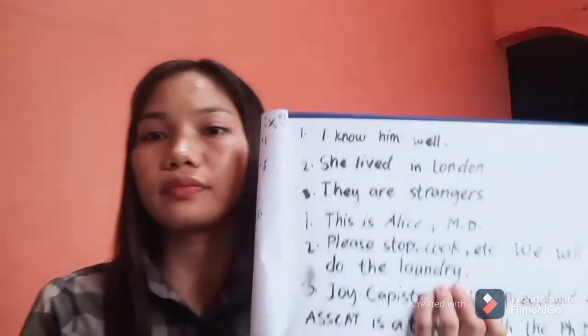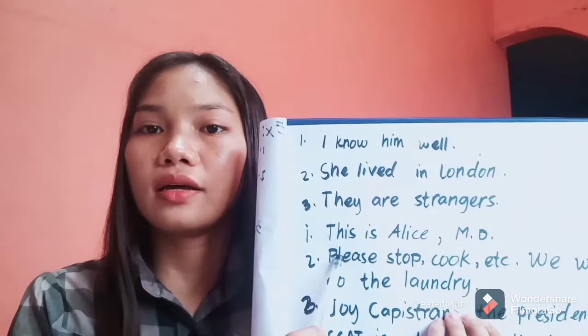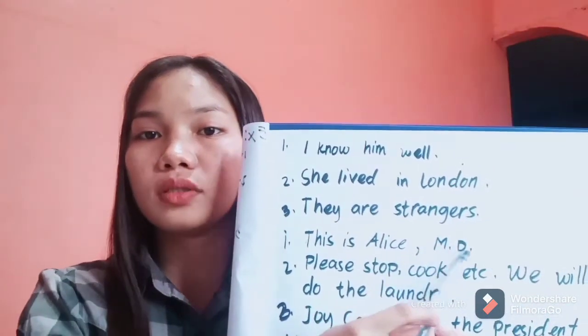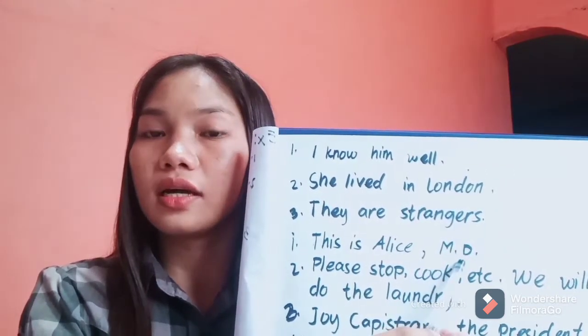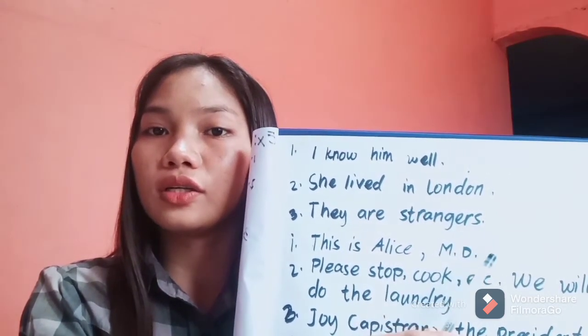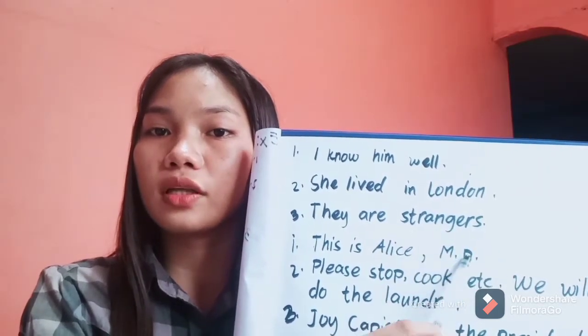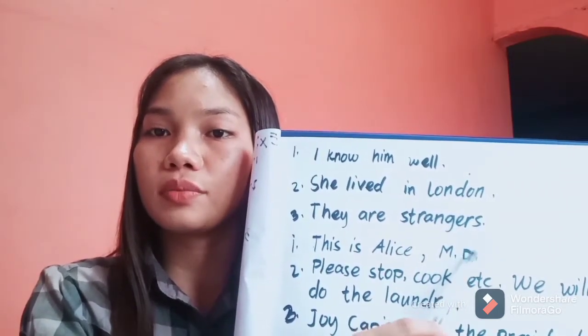Another rule of periods: if the last item in the sentence ends with an abbreviation that ends with a period, do not follow it with another period. For example, this is Alice, MD. The last item is MD and a period, so you should not put another period after this period.